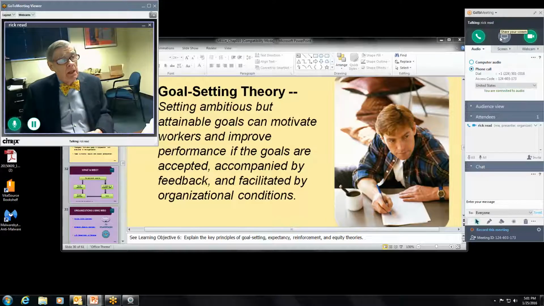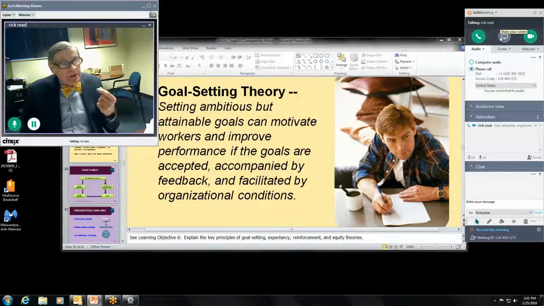Goal setting theory. This is interesting because, if you look at the beginning, you're setting goals for your employees which are, let's use the word, ambitious. I prefer a different word which is not coming to me right now, but the next part is necessary.